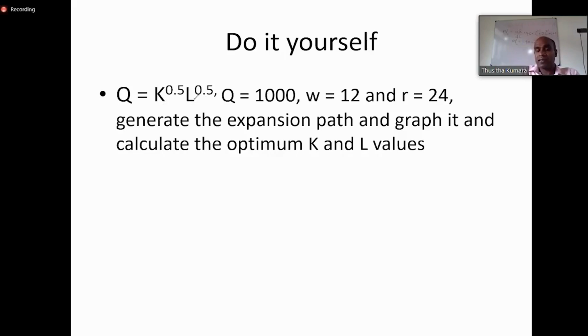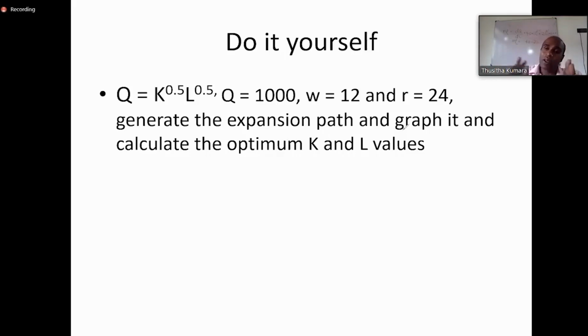Efficiency condition says MRTS equal to W by R. Then MPL divided by MPK equal to W by R, and then solve for one factor, either K or L. What Kavishka has done, he has solved it for K. And then that is the expansion path.